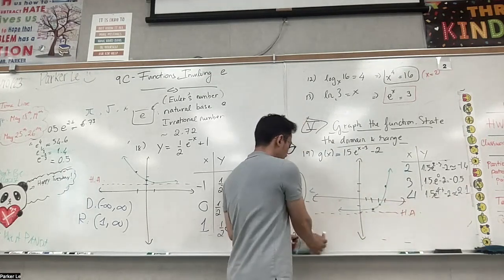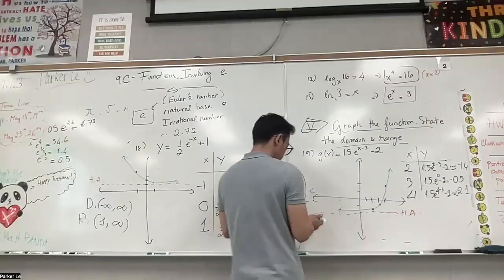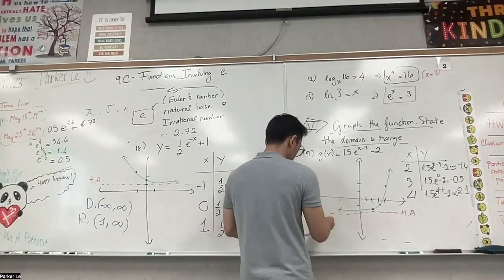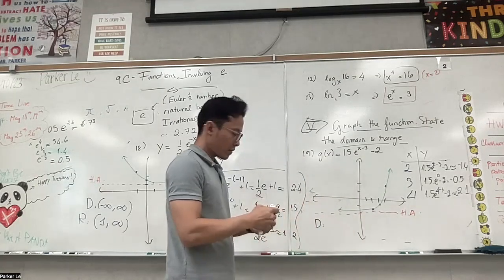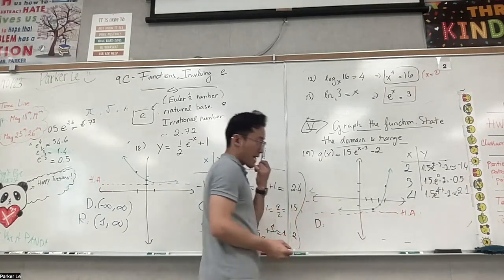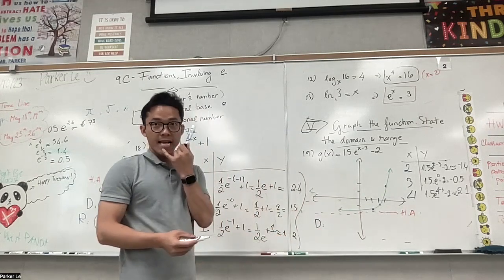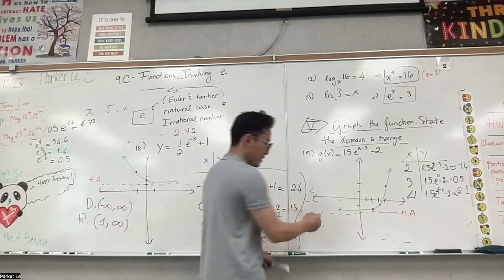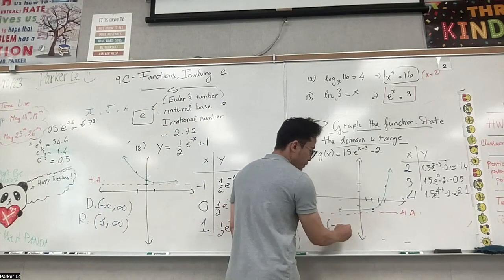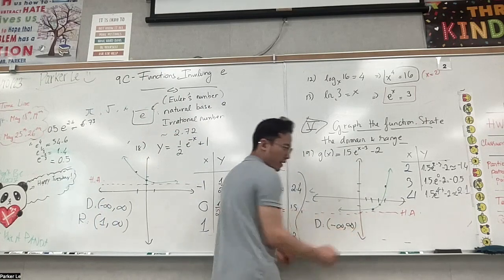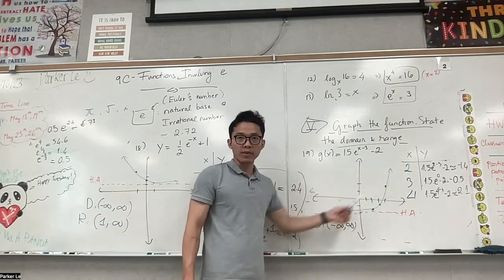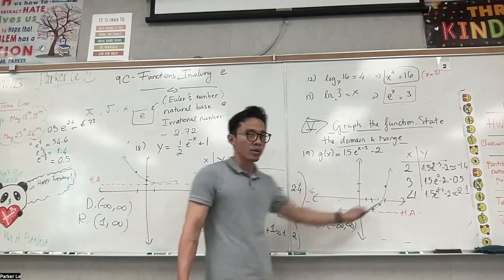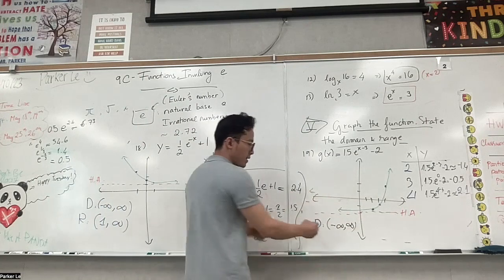What is the domain? What is the range? I think domain is always like this, because they always have the arrow on the two ends, right? They keep going on the left and they keep going to the right. The only change is the range.